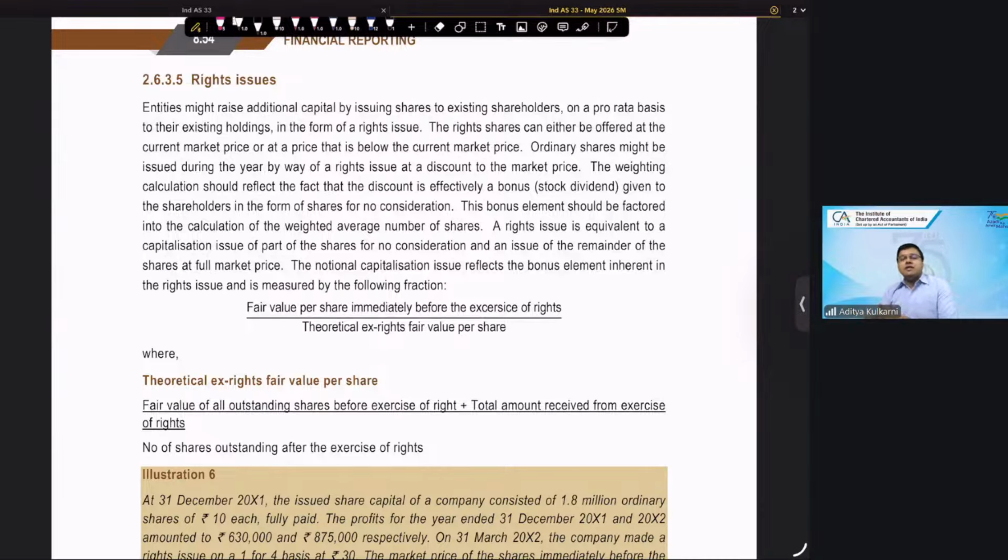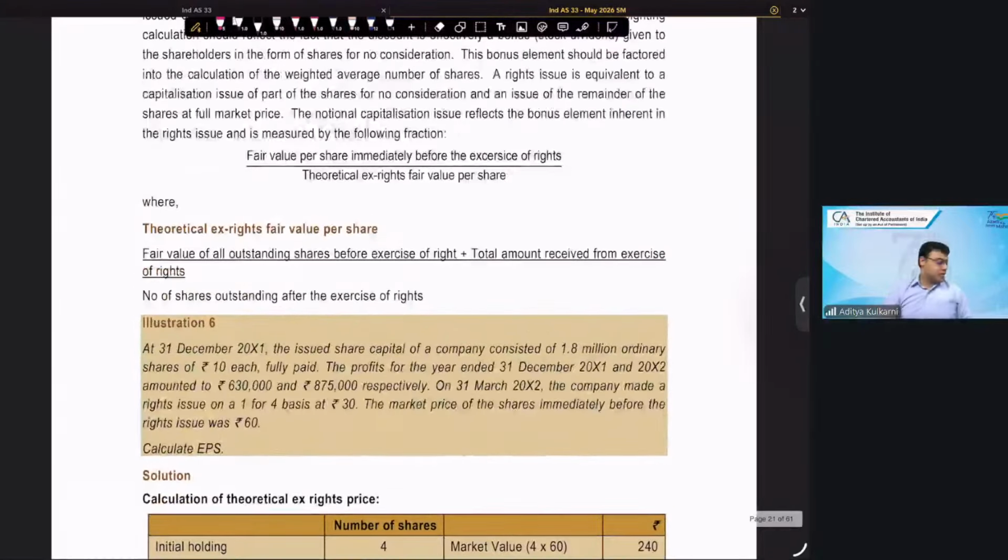And thereafter, after the rights issue, it will be regular calculation like how we saw in the case of bonus shares. Are we okay with this? Yes, sir.